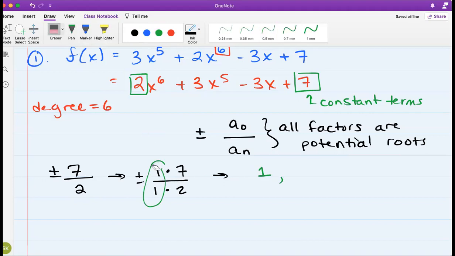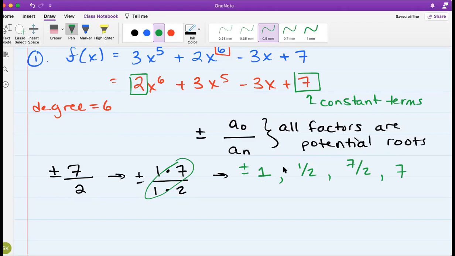I could do 1 over 2, so 1/2. I could do 7 over 2, so 7 divided by 2, or 7. These are all the potential rational roots, but we also have a plus minus.